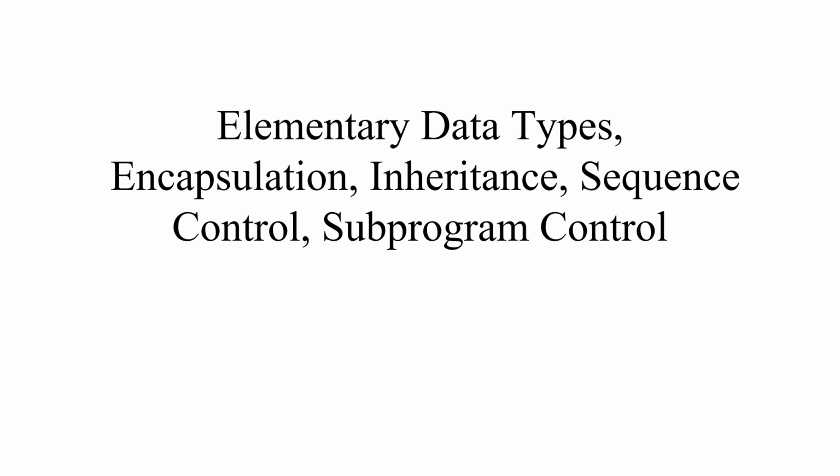So moving to the topic, elementary data types. As you know, there are various types of data, and to hold the data we need memory to be defined by the data types that we have discussed already in these slides.